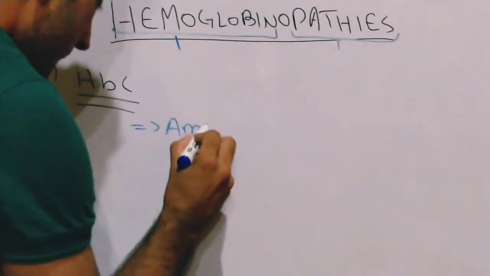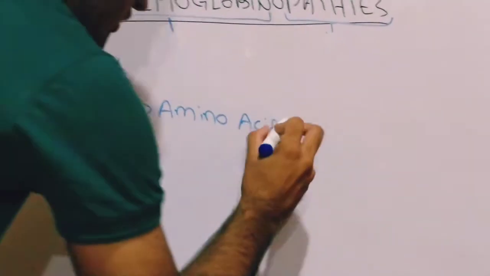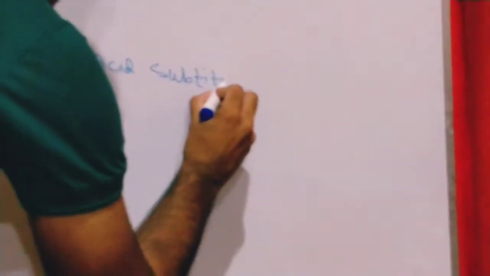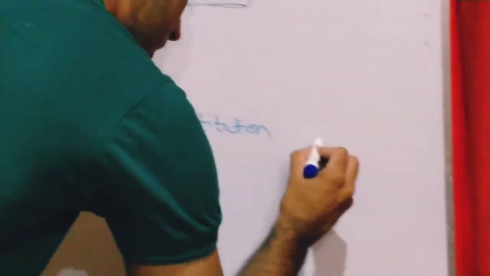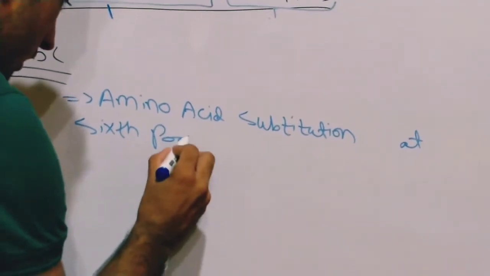Amino acid substitution at sixth position of beta globin gene.